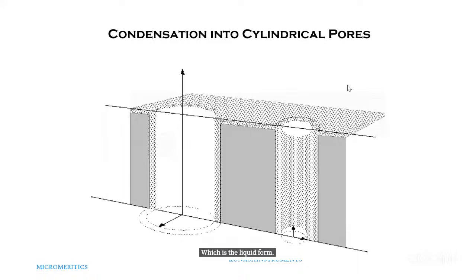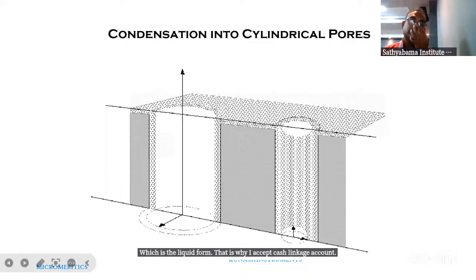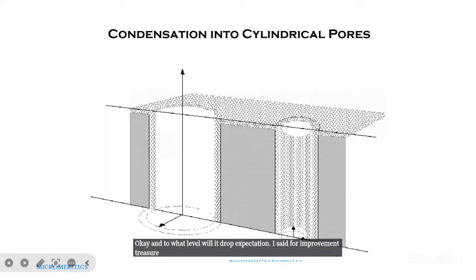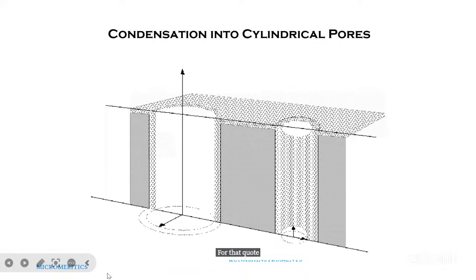That is why I said gas liquid transformation. This transformation causes the gases to condense, or you can say the saturation pressure to drop. To what level will it drop? At the pressure that we are considering, for a given pore size, your P0 will reduce. Gas condenses.